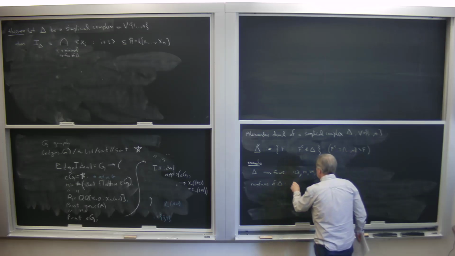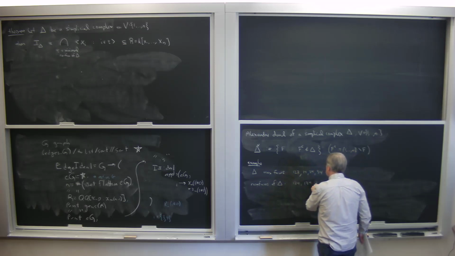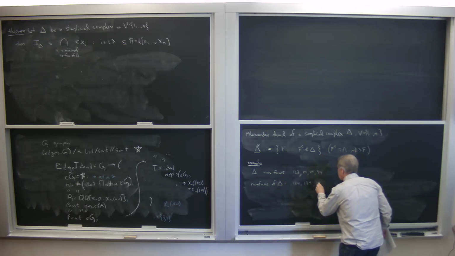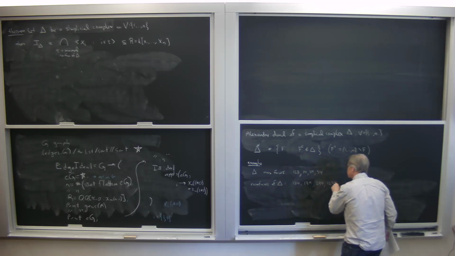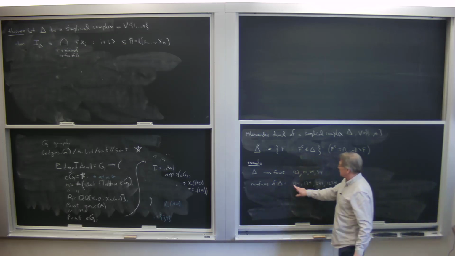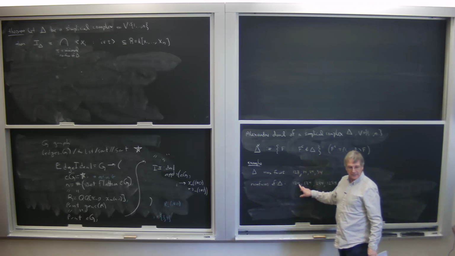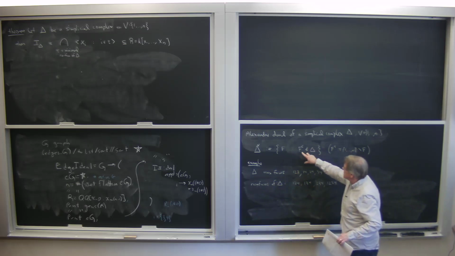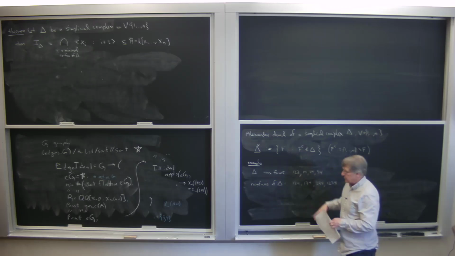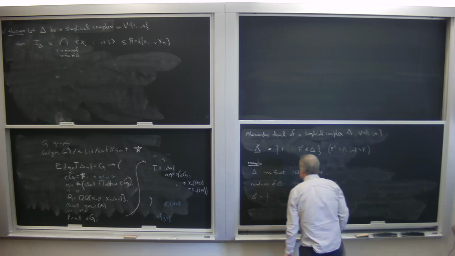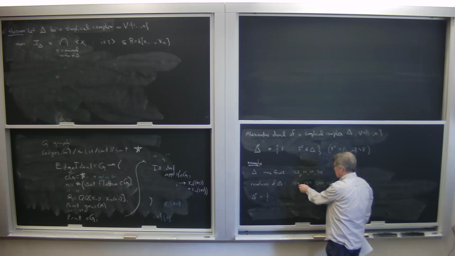So the non-faces are 1, 2, 4, 1, 3, 4, 2, 3, 4, and 1, 2, 3, 4. I'm being kind of glib about this; it means the set 1, 2, 4. Now we just take the complement of all those. That's not so bad. So this is equal to the set of subsets which are the complements of these.